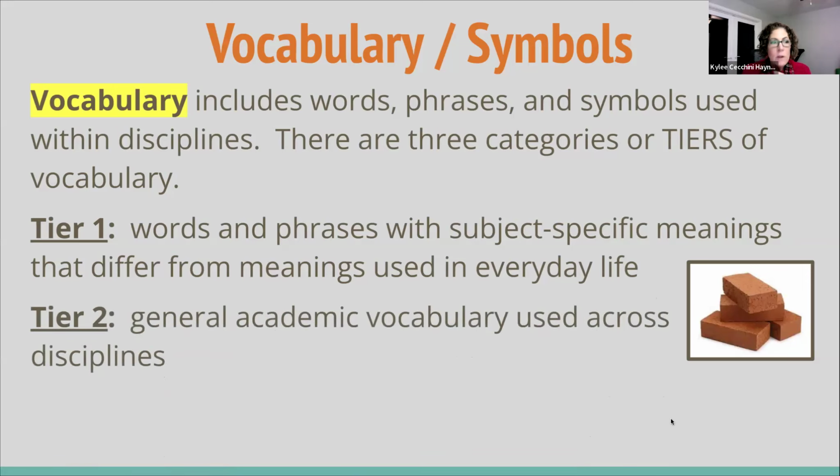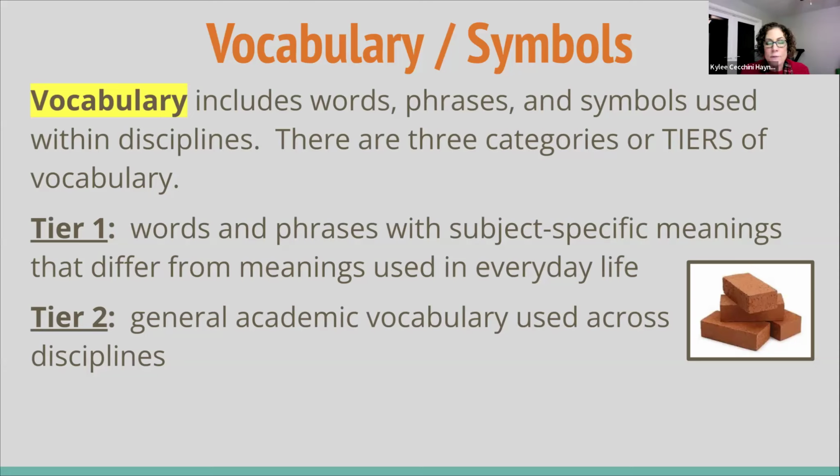Okay. Tier two words are just general academic vocabulary words that are used across disciplines. And often those tier two words can be our language function words, like analyze or explain or evaluate.